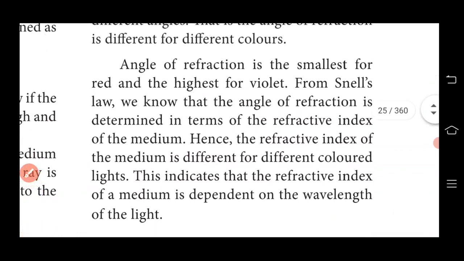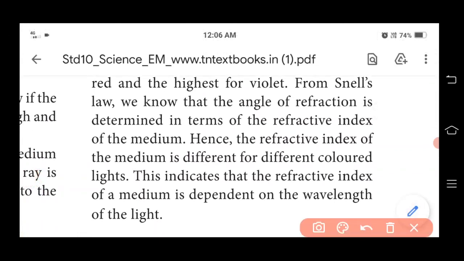Hence the refractive index of the medium is different for different colored light. So this indicates that the refractive index of the medium is dependent, it is not independent. It depends on the wavelength of the light.